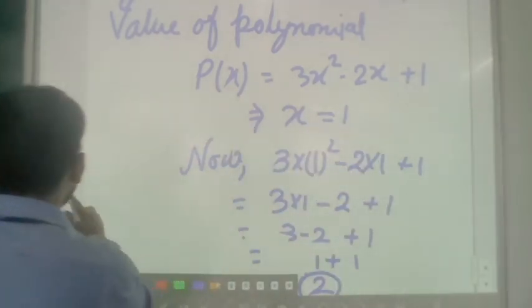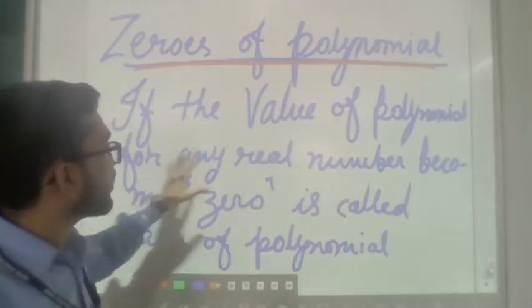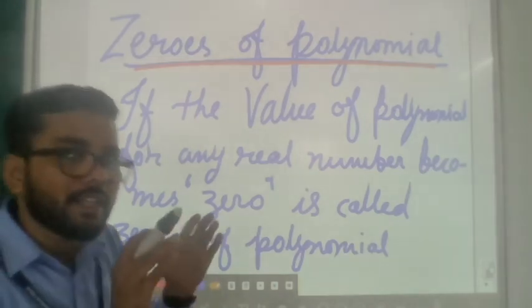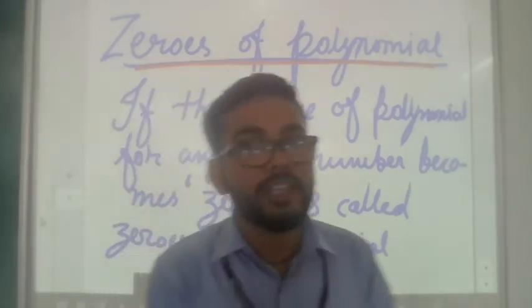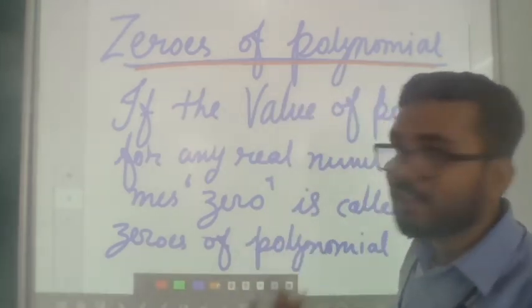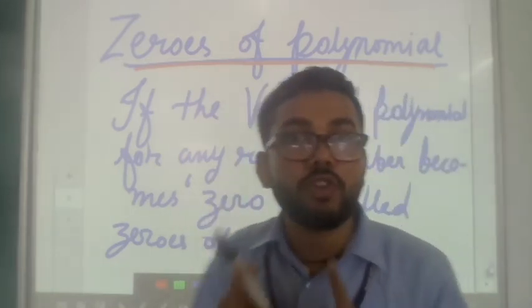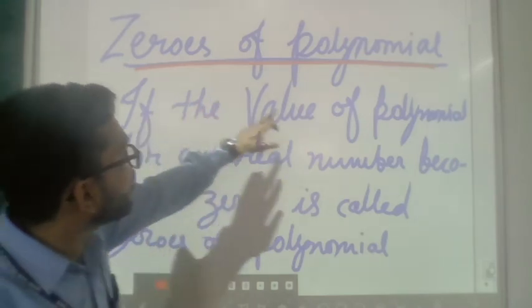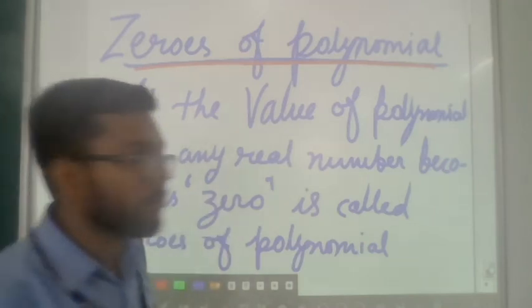Now, if the value of any polynomial for any real number becomes 0 by putting that real number in place of the variable, then that real number is called a zero of the polynomial.